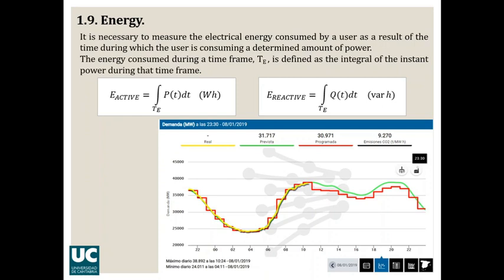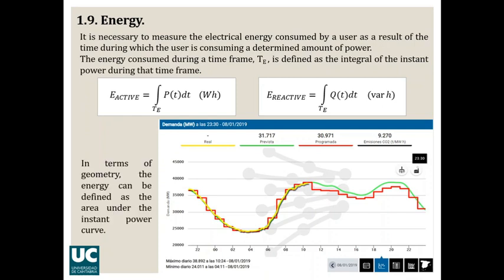Notice that the planned demand is a discrete curve, while the curves in green and yellow are continuous curves. The program demand is a discrete curve which is obtained by adding the power of all the power plants that are generating electrical energy at a particular moment during the day.